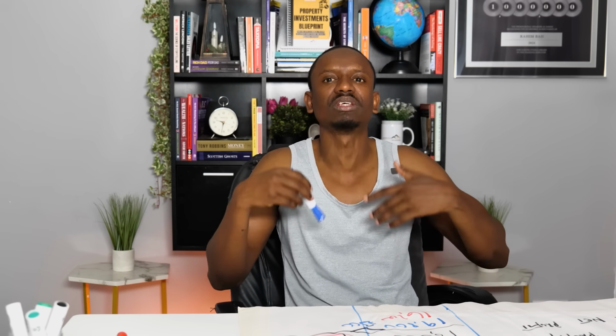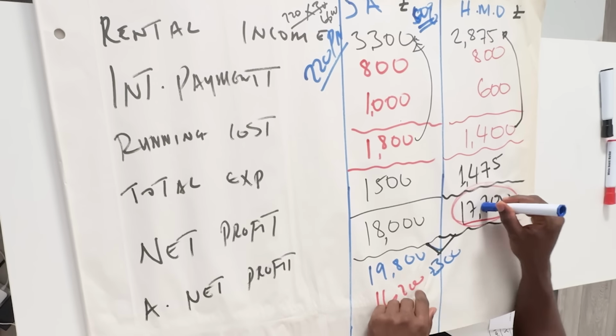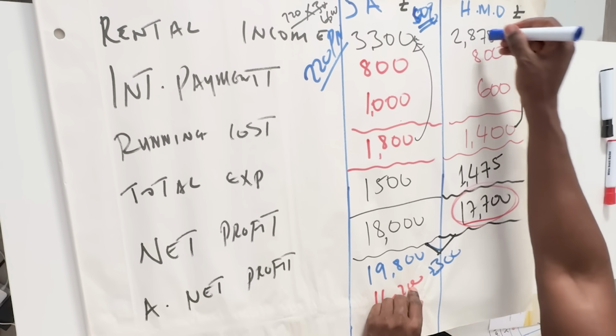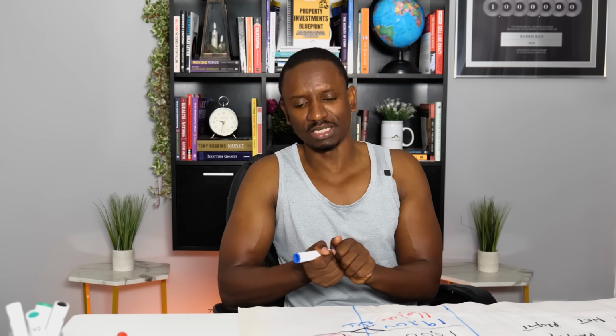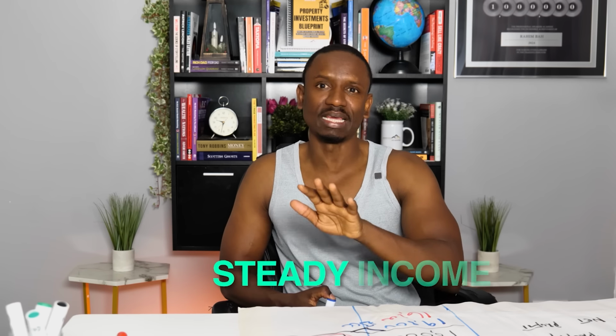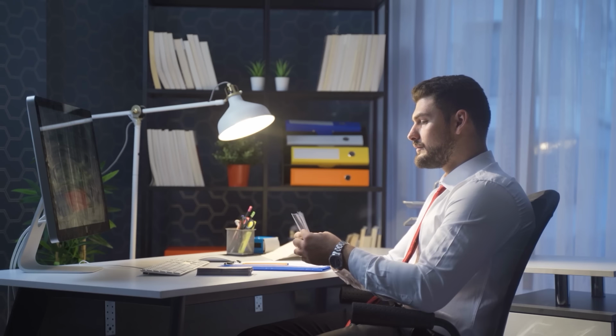It does not reduce, it does not go up. The only time it reduces is when a tenant messes you up. If a tenant messes you up, then obviously your rental income reduces. That's the only way it would go. It wouldn't go higher than your £17,500. So basically you've got that fixed return, steady income. Some people love that. Most people actually love having steady recurring income.